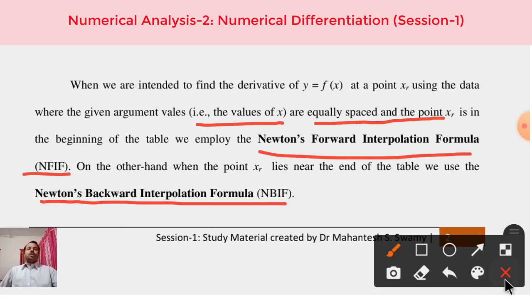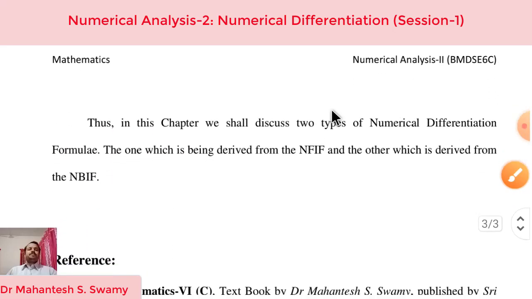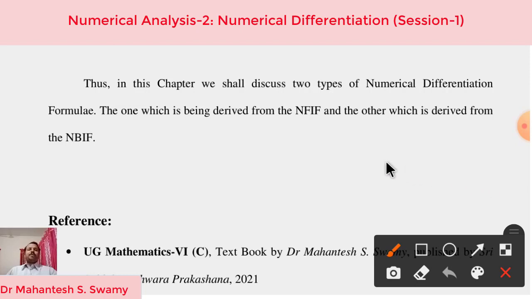So that is one more condition to use these two formulae. We will have these two formulae in hand, and we will differentiate the suitable formula, either NFIF or NBIF, with respect to r, and we will get the respective numerical differentiation formula.